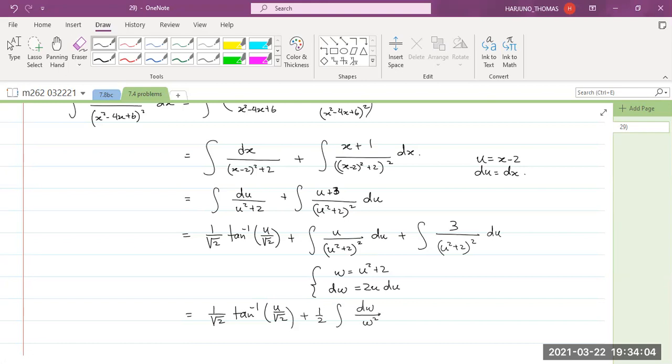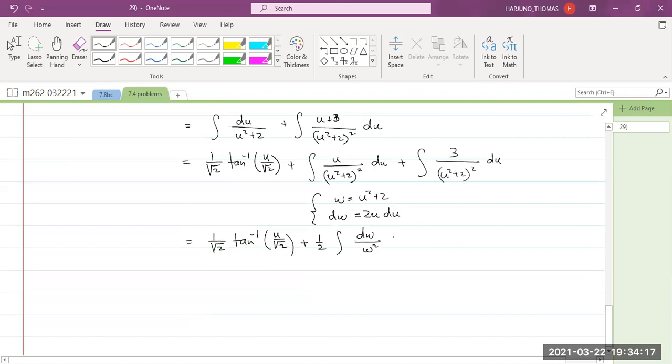And then how about the last part? Wouldn't you want to do the same thing for the last one? I can, but I have an issue with the du later on. So this will be w squared, right? But how about the du? So the square root of w minus 2 equals u, so dw over 2 square root of w minus 2 equals du, which is uglier.